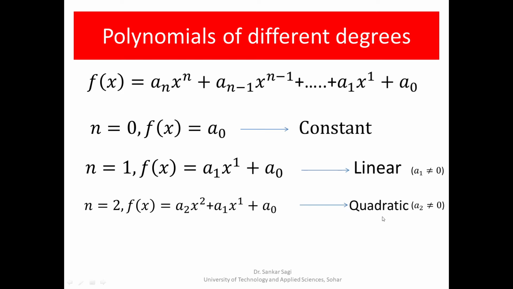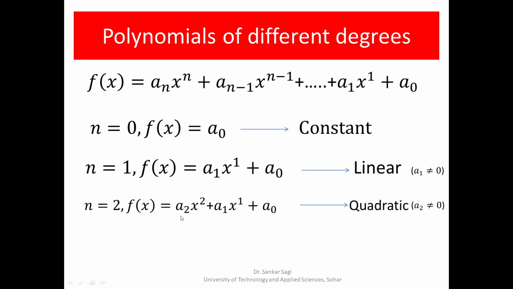So a second degree polynomial is nothing but a quadratic expression, and therefore this function is called a quadratic function. In this quadratic function, the coefficient of x^2, that is a_2, should not be 0. Again, as we have seen before, if a_2 becomes 0, then this will be reduced to a lower degree polynomial. So for it to be a polynomial of degree 2, a_2 should not be 0.